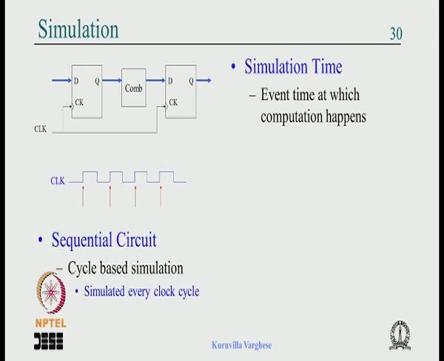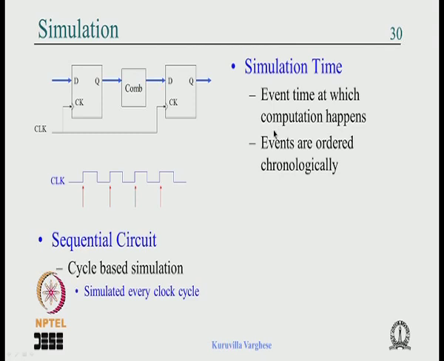That is not the concern as far as this terminology is concerned, but definitely one would like to speed up the simulation. So the CAD algorithms used for simulation are very important, and you should also know that events are ordered in sequence.